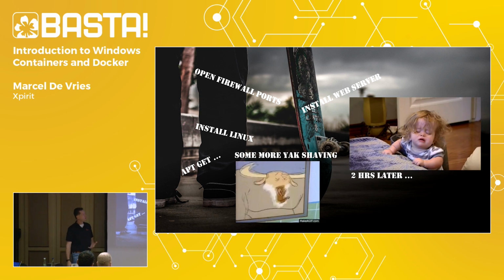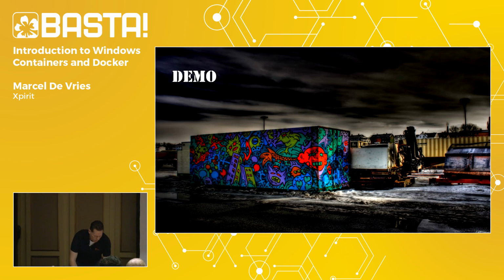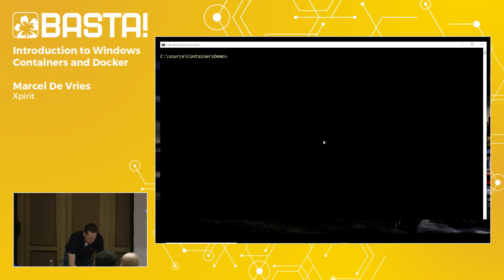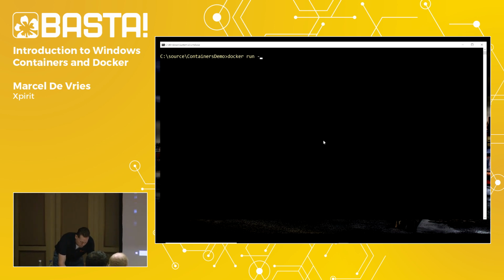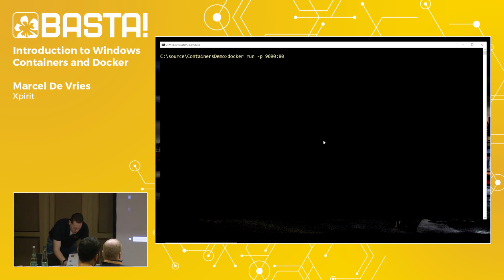So what if there would be a different way of doing this? What if I could run a command line and do something like docker run -p. I'm going to do some port mappings. I will get to that later. 9090 to 80. And I will run Marcel Vries killer app.